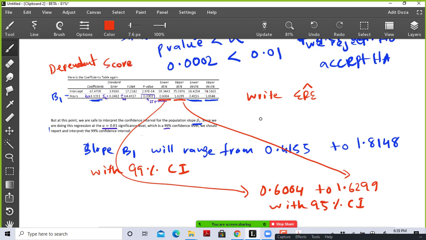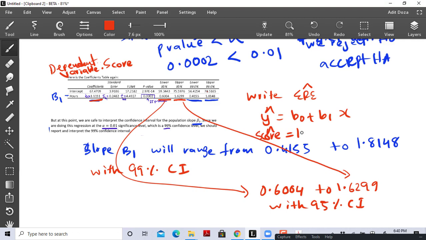First you should write y hat equals beta 0 plus beta 1 x. The dependent variable is score, so this should be score hat. What's beta 0 here? 1.1151, right?